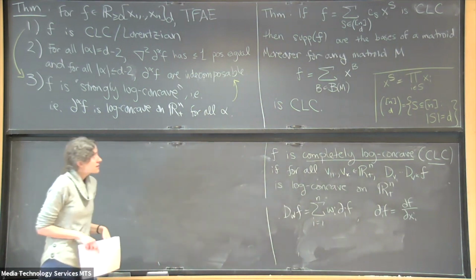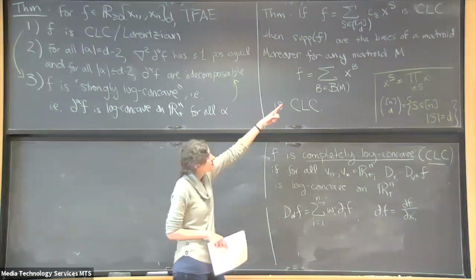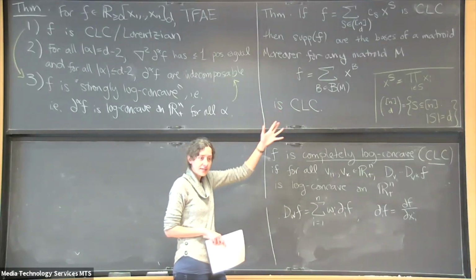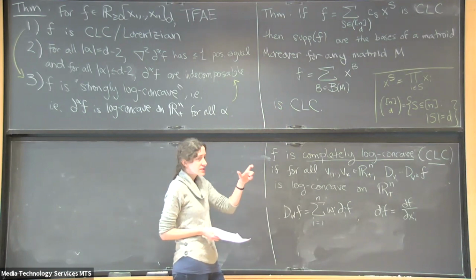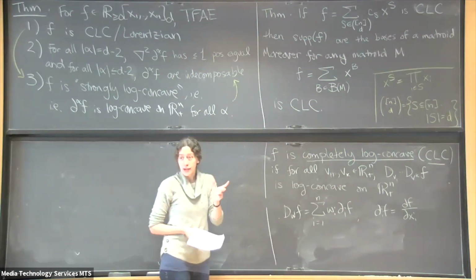And so what I want is that the Newton polytope, the convex hull of all of the indicator vectors of the S's that show up with non-zero coefficient, be a certain type of polytope. And the characterization was in terms of the edges of that polytope. I want them to only come in certain directions.